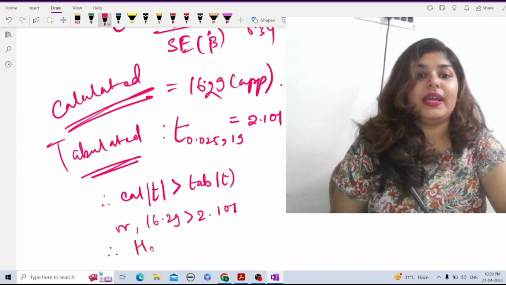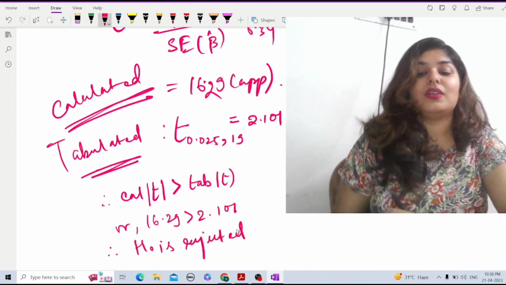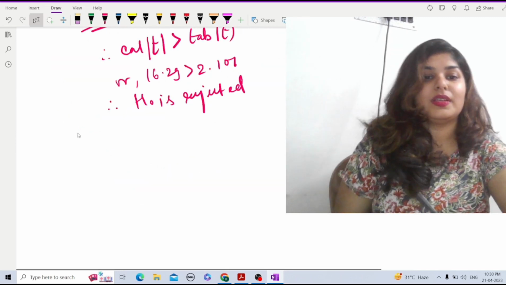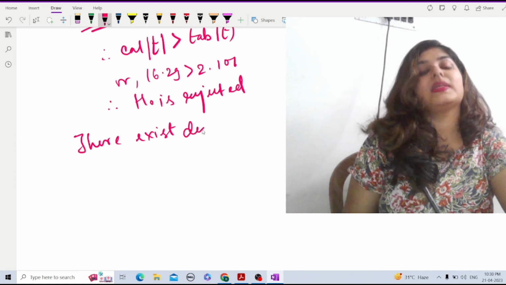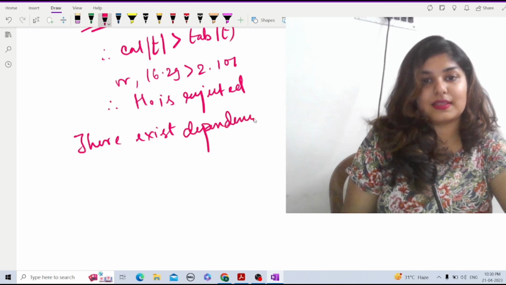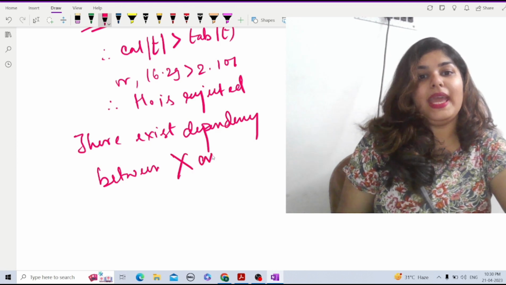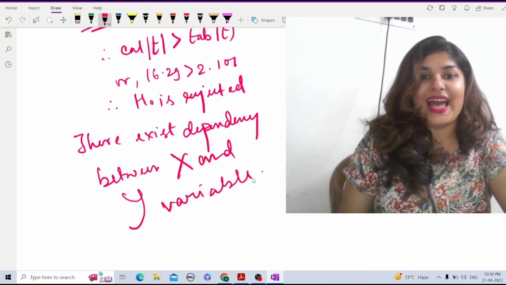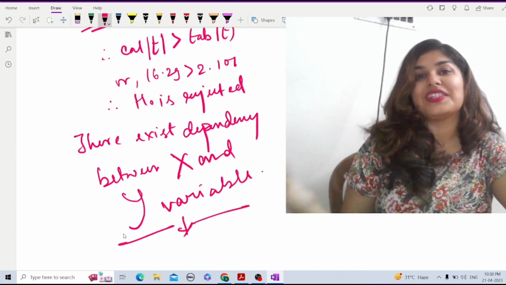Therefore, the null hypothesis is rejected. So what is the meaning? There exists dependency between the X and Y variables. And with that, that is our answer and the full regression results that were needed.